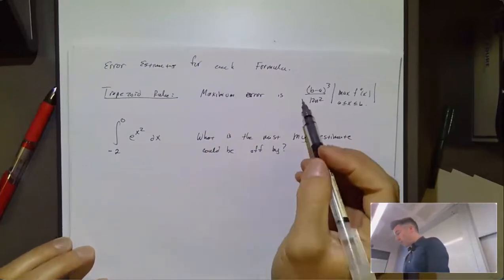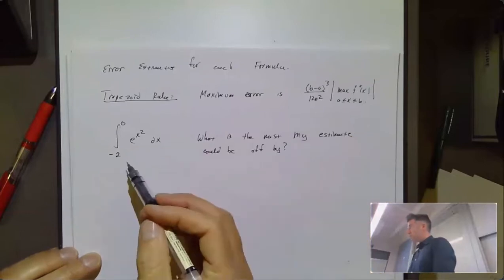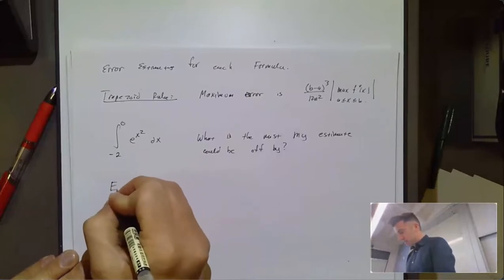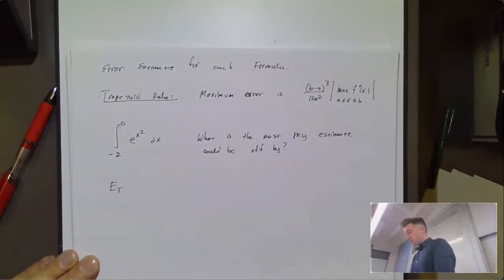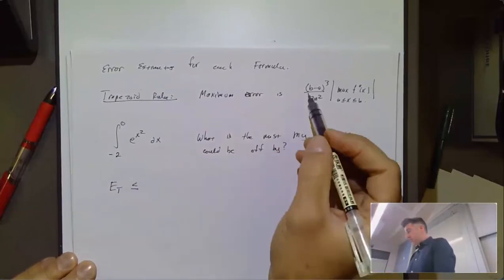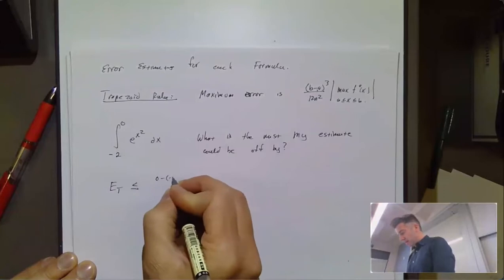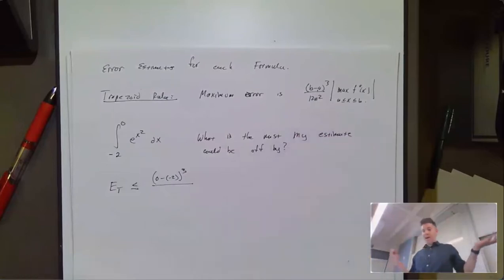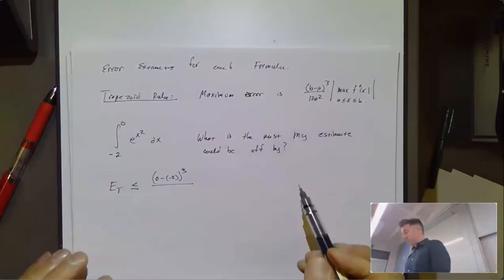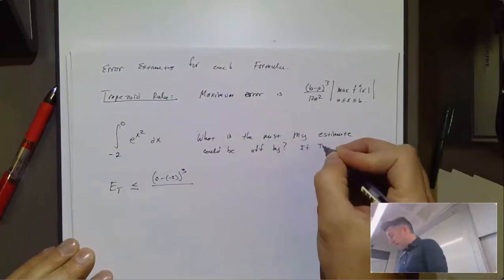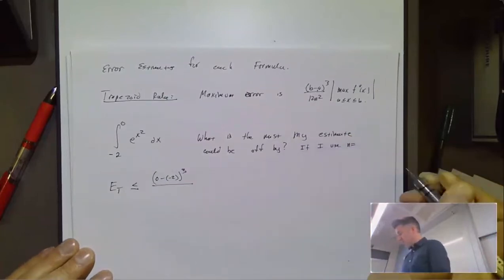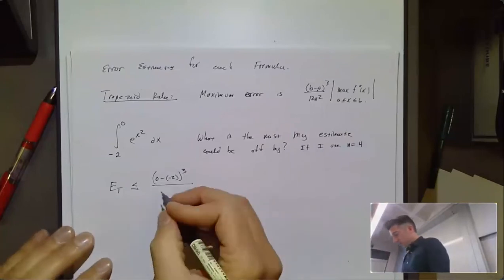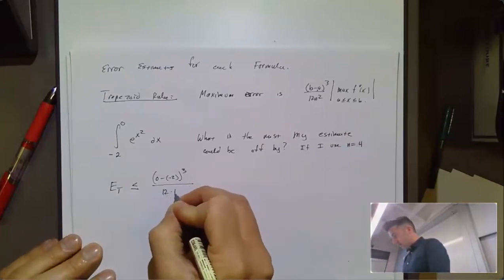So the most my error can be off by, and we usually write this as E sub t, the error using the trapezoid method, is going to be less than or equal to b minus a, that's 0 minus -2 cubed, over 12n squared. What n did I use? Let's say n equal to 4, so I broke this up into 4 subsections. So that's going to be over 12 times 4 squared.